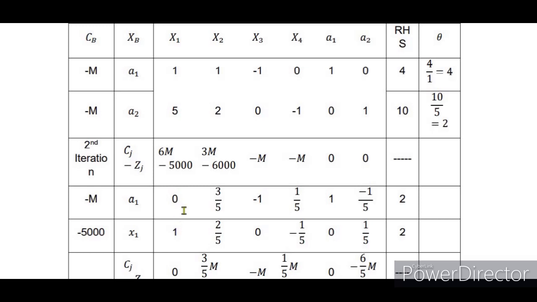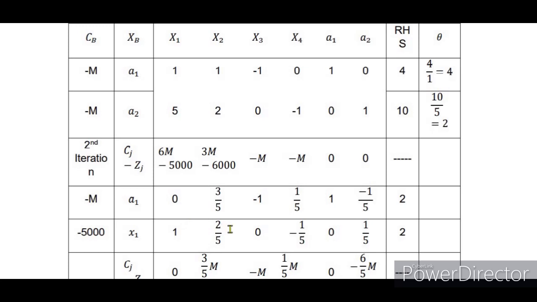So it should be equal to 1. So the value that we choose is 1. Because 1 times the first element in x sub 1 row, which is 1, is equal to 1. That one we will subtract from the element 1 of the previous row of a sub 1. So 1 minus 1 is equal to 0.